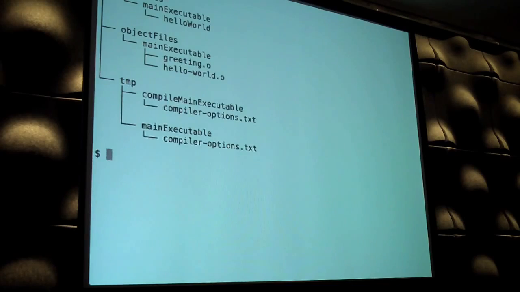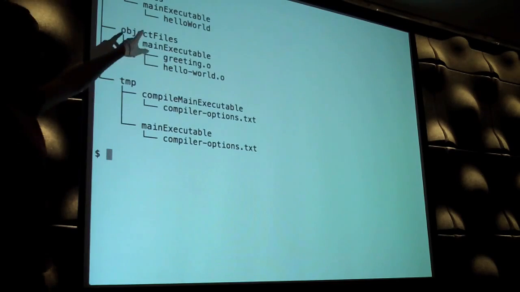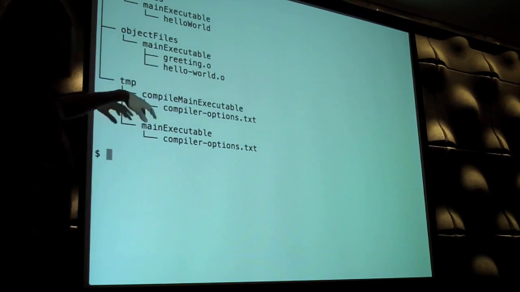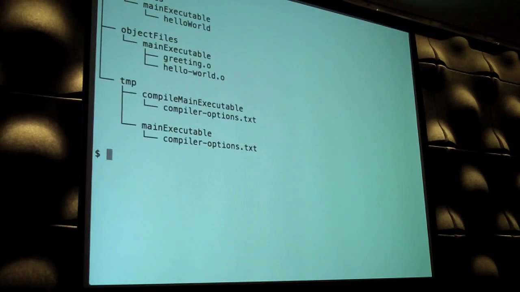So let's see what it's done. So it's built our Hello World executable, and then we've got some temporary files. So it's built some object files for us and some other temporary stuff. So we can run our Hello World app, and it should all be good.